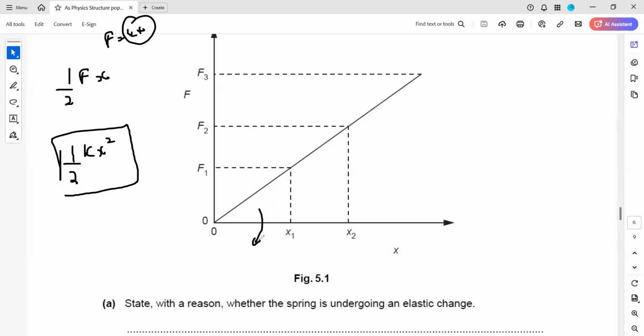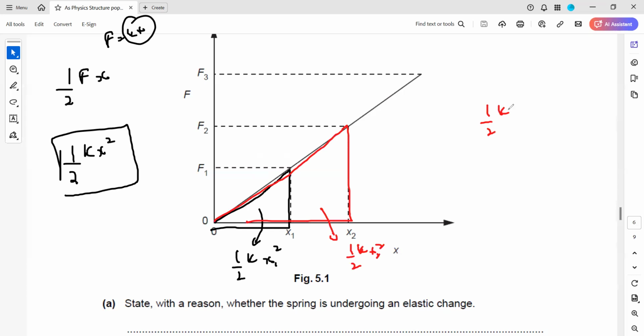So area of this triangle will be equal to half kx1 square. Area of the second triangle, I can say half k into x2 square. And then we just take a difference of half k x2 square minus half k x1 square. So when you subtract, it will be half k common, x2 square minus x1 square.